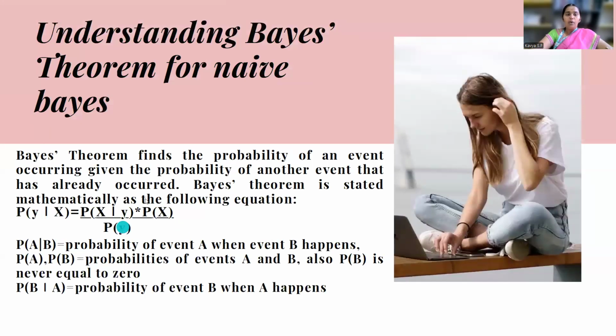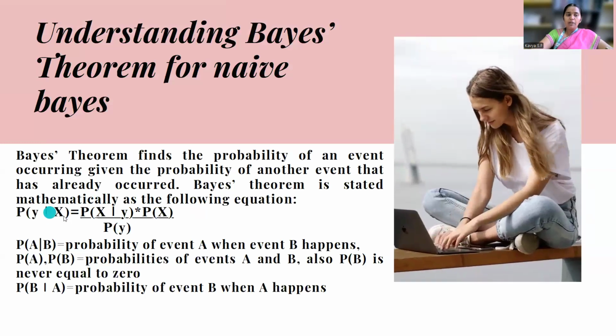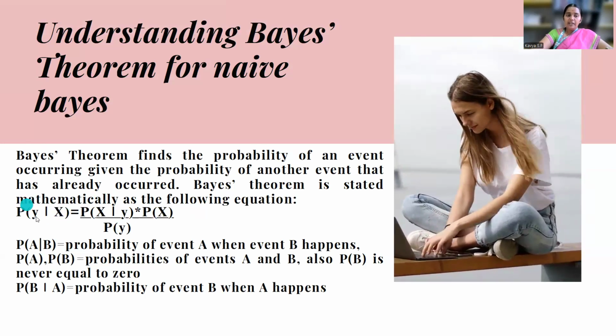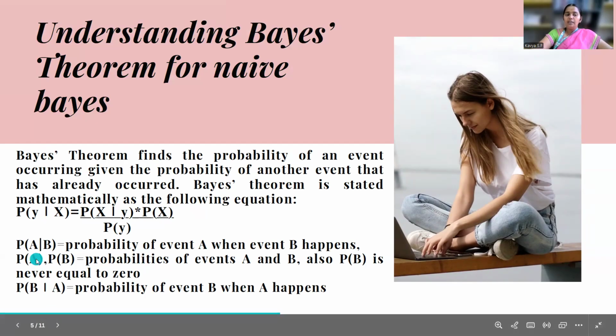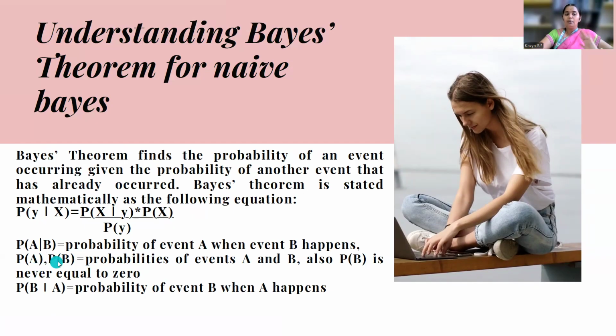Now talking about the Bayes theorem, the probability of event X occurring when event Y has occurred is given by the formula: probability of Y given X, multiplied by probability of X, divided by probability of Y. We already know the definition of the probability of A and B, that is, the probability of event A to occur and of event B to occur, where neither probability of A nor B should be zero.